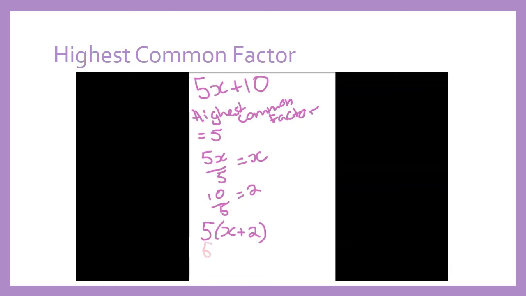So 5 times x plus 5 times 2, 5x plus 10. So these two things here are equivalent. So that is how we factorize a term like 5x plus 10.